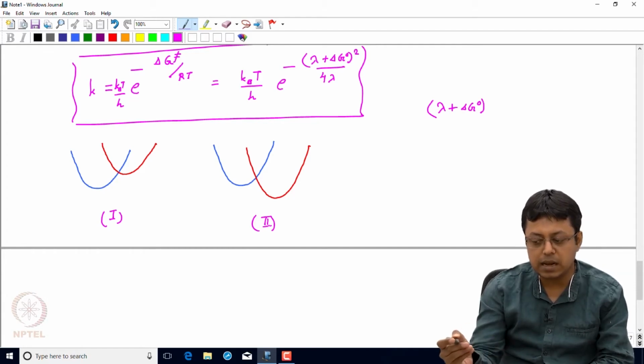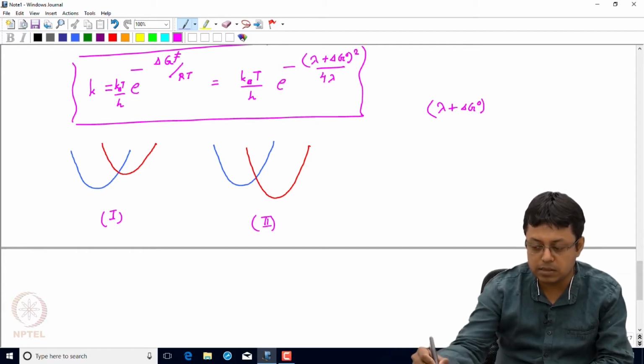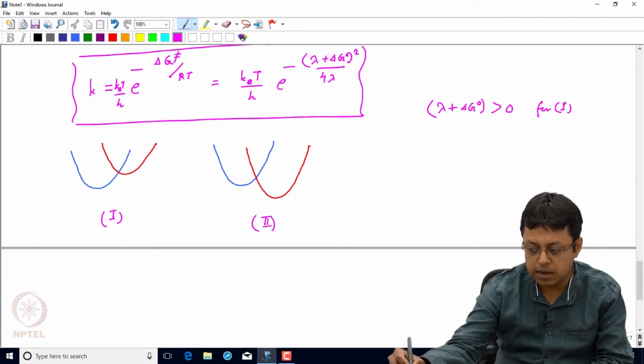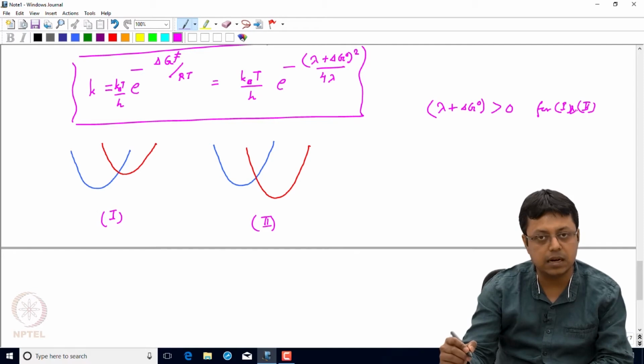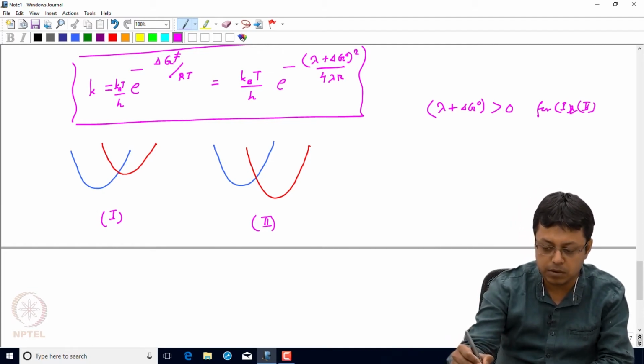So if it is slightly negative or positive, overall this term is greater than 0 for 1 and 2. So then what will happen if I increase the delta G0 in this case? The reaction rate actually decreases, because it's a highly negative number, as we can see. It will be 4 lambda into RT.